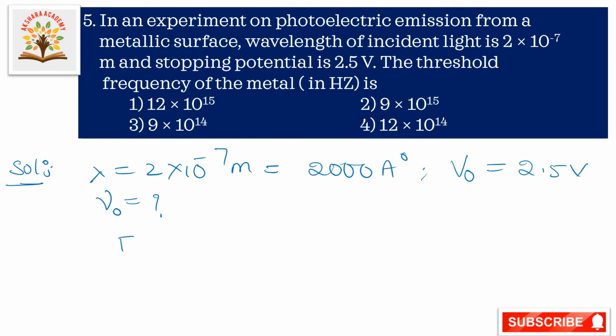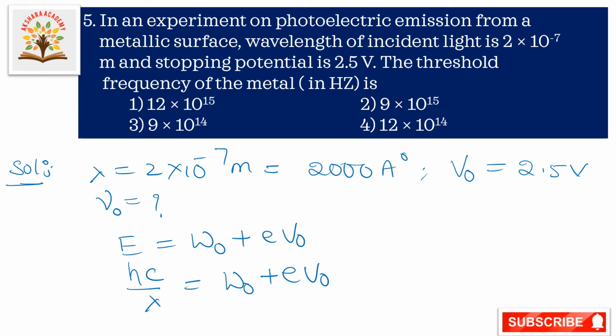So E is equal to W naught plus eV naught. hc by lambda is equal to W naught plus eV naught. Now substituting, we get 12400 by 2000 Angstroms, that is equal to W naught plus 2.5 electron volts.